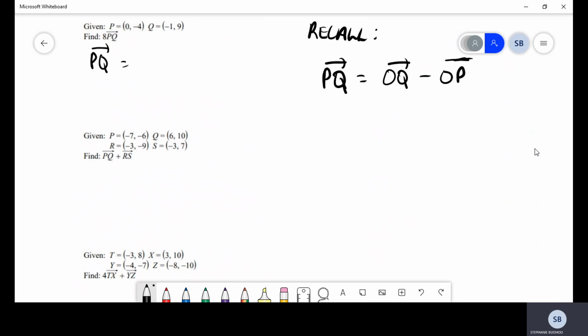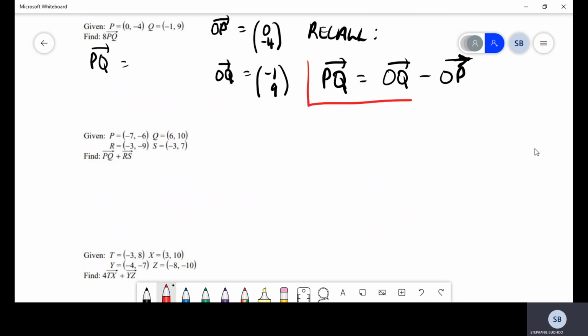And also in this question, you have been given coordinates. So we can safely transpose those coordinates to vectors. So the coordinate P will be transposed easily into the vector OP by writing it as a column, or writing it vertically like that. Similarly, the coordinate Q can be written as a vector by writing it vertically like that.